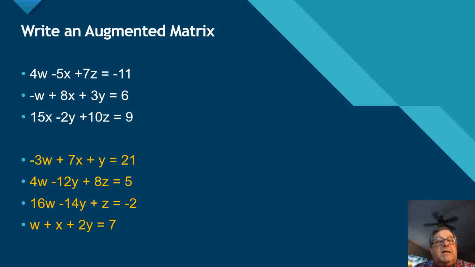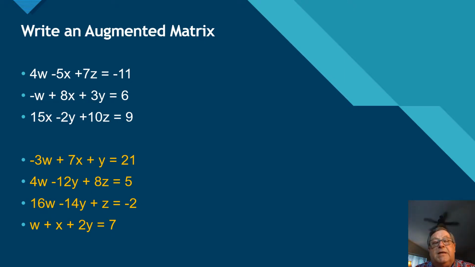And so when I look at this, I've got three equations, and I've got variables of w, x, y, and z. I don't have all four variables. In fact, I only have three variables in each equation, but I have a total of four variables. And then I've got my constants on the right side of the equal sign.